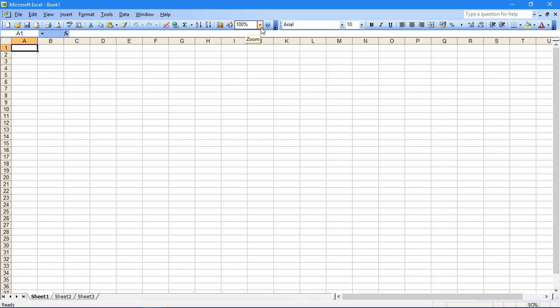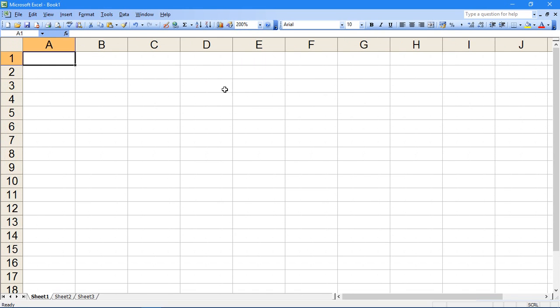It doesn't matter whether we are using MS Excel 2003 or 2010 or 2007 or 2014 or something. Whatever the addressing mode is, it is. Whatever the version you are using, doesn't matter. For better clarity, I'm changing the zoom value to 200%.